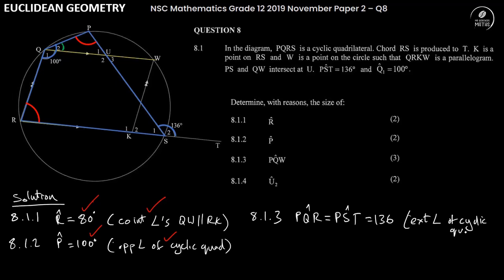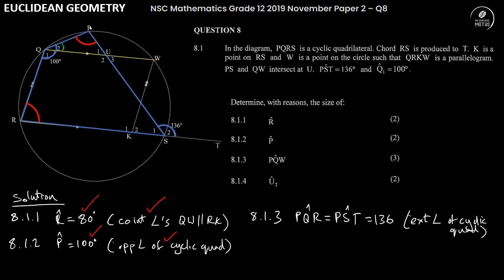Let's see if I can fit this in here. Not giving myself much space. Okay, so we've got that for our first step. And now we would see that Q2, in other words PQW, is a part of PQR. So the total of angle PQR is 136.